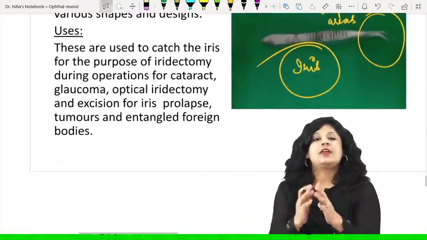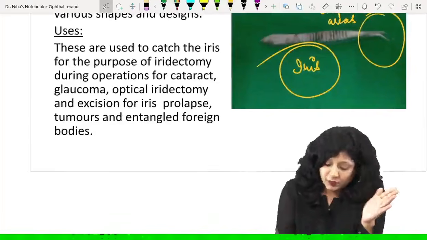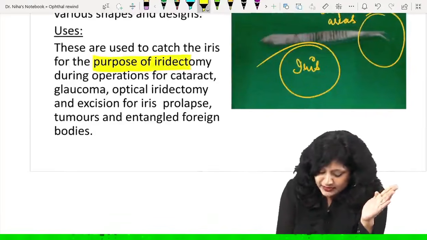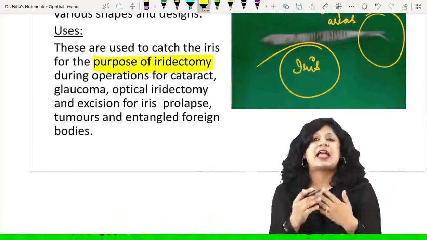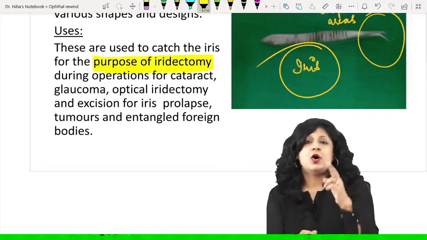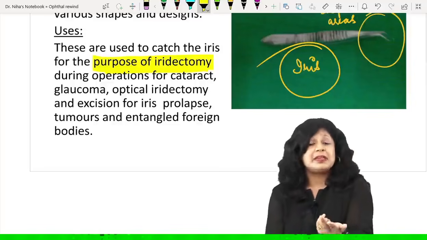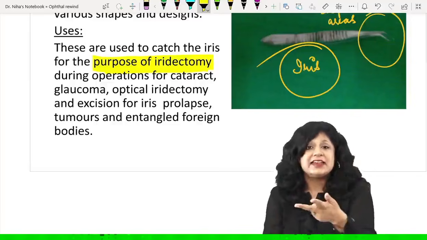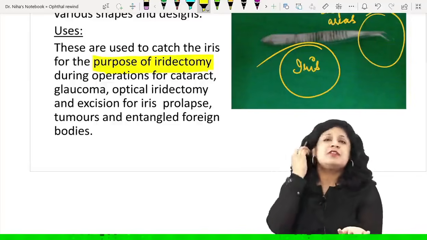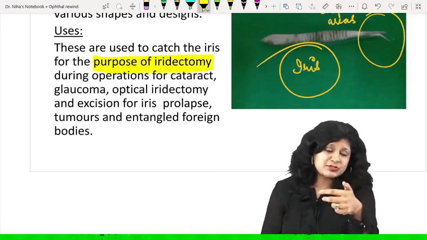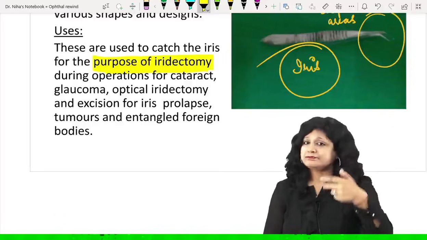So, whenever we require the iridectomy, we require the cutting of the iris. It can be for the cataract, for the glaucoma, or you are doing the peripheral iridectomy, right? Or you are doing the optical iridectomy, anything, or even if you want to cut that prolapsed tissue of the iris.